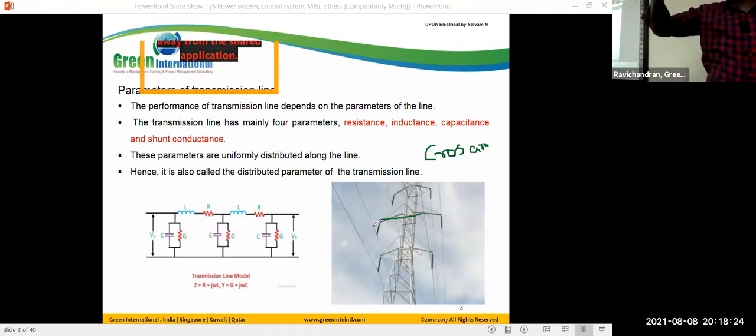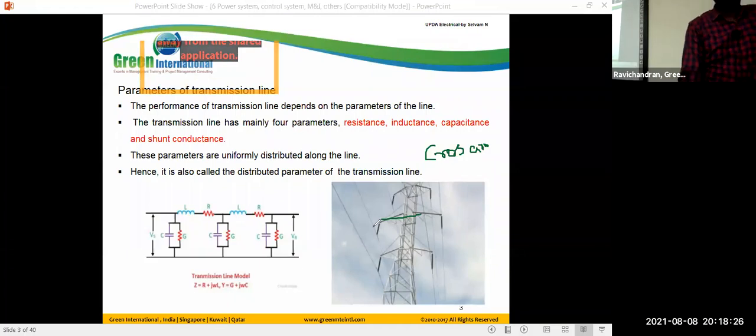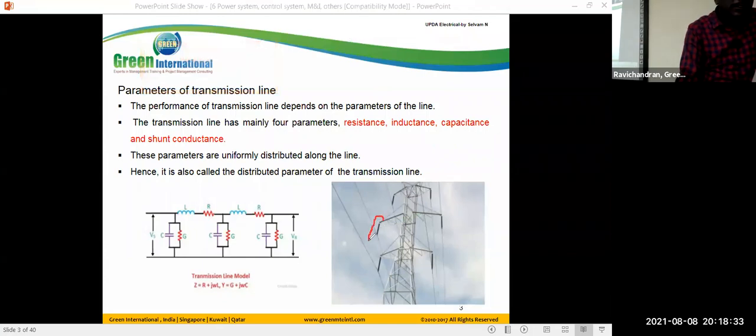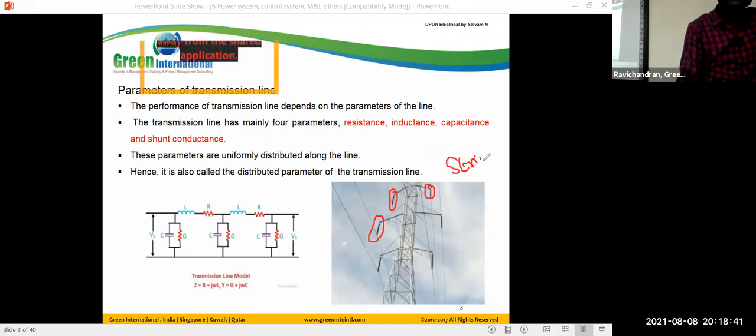The conductor is hung by insulators. These insulators we call a string insulator.